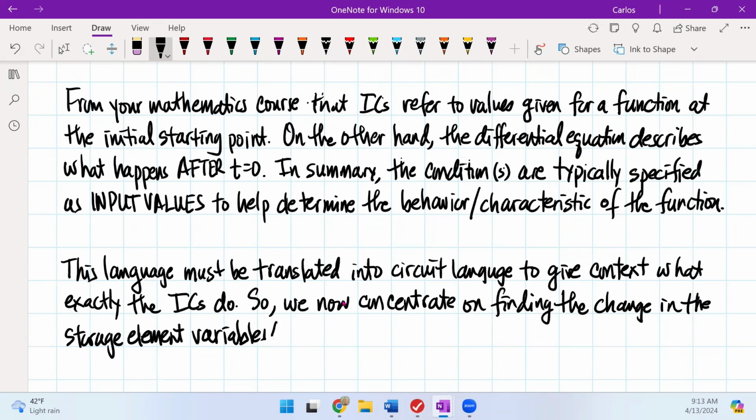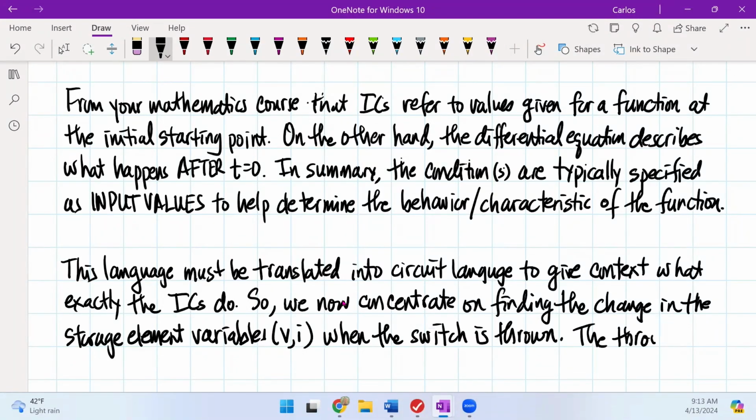What are the variables? It's going to be the voltage and the current when the switch is thrown. And so when we say when it's thrown, it's going to be either open or closed, of course. The throwing of a switch occurs instantaneously.